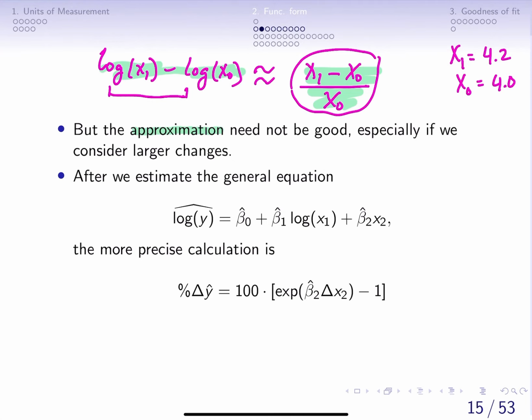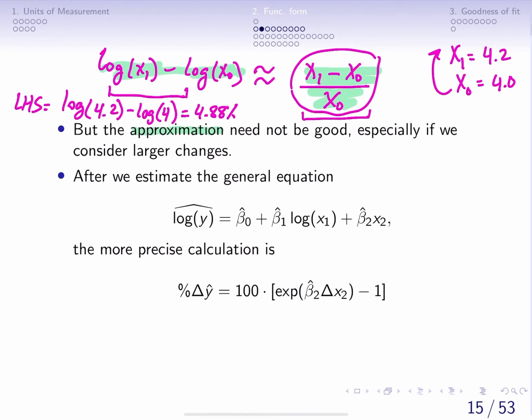If you calculate the left hand side, log of 4.2 minus log of 4, this is equal to 4.88%. But if you calculate more generally what the percentage increase is in x going from 4 to 4.2, then you can calculate it as just being 5%.